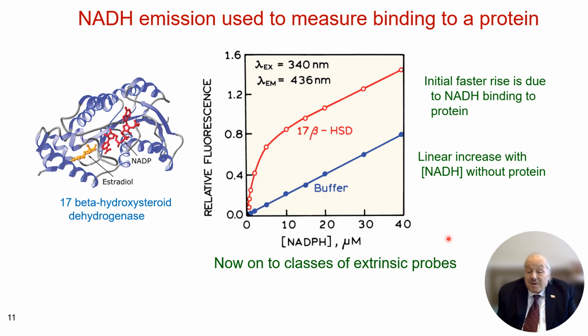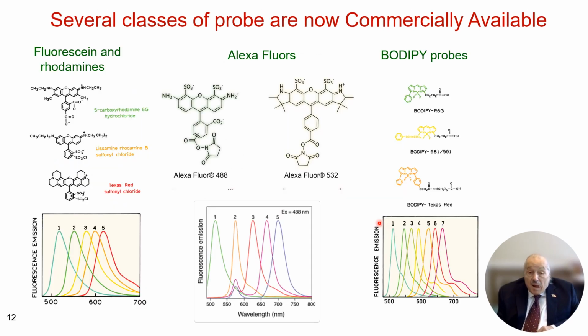Okay, now we're going to move on to classes of extrinsic probes. I'd say that there's probably more than 3 classes, but I'll divide them up at the beginning into 3 classes. First, we have the fluoresceins and the rhodamines, which have been the most widely used probes.